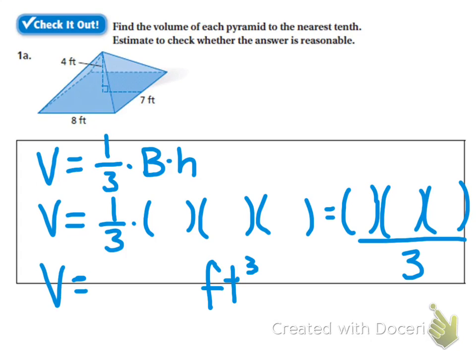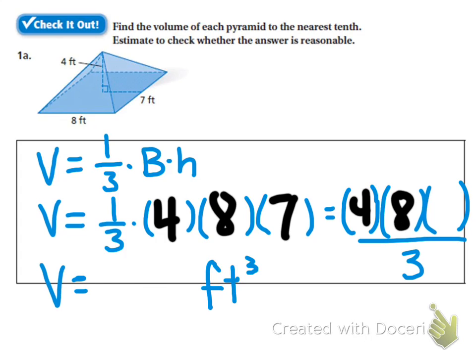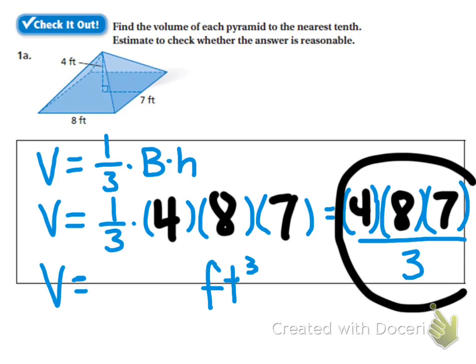Now, Ray, can you tell me what numbers I need to fill in these blanks? Thank you, Ray. That is correct. 4, 8, and 7. So when I multiply by 1/3, that's the same thing as dividing by 3.